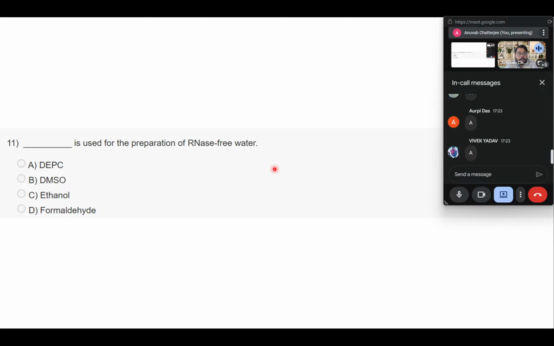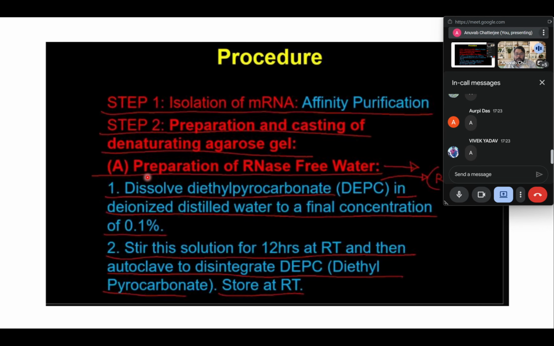Okay, so we have a lot of options coming in. Srijani, Chanda, Oropi, and Vivek, all of them said DEPC is used in the preparation of RNase-free water. So let us look at it.